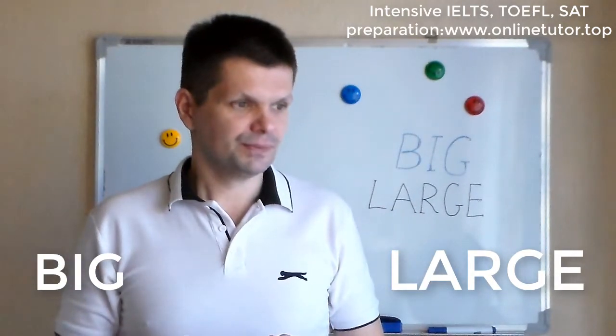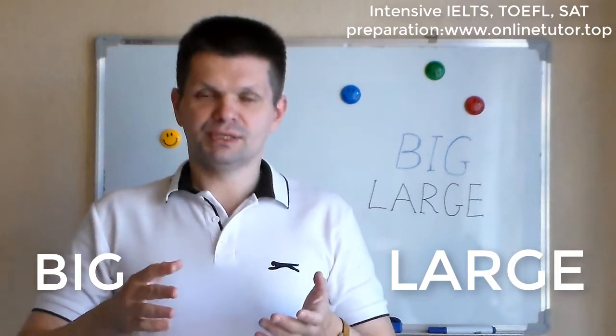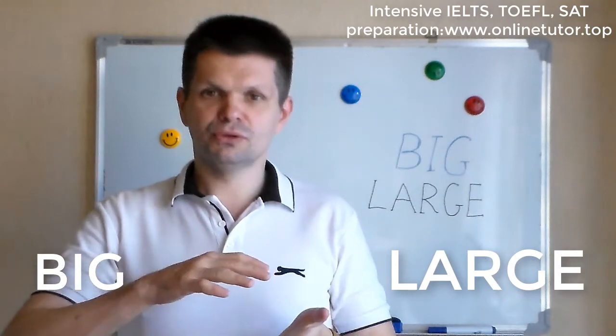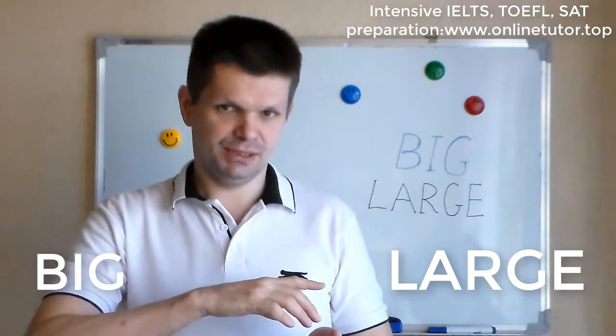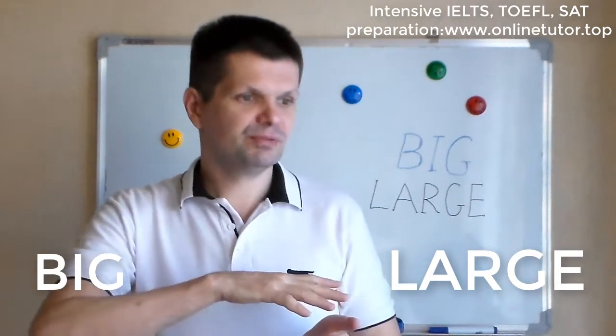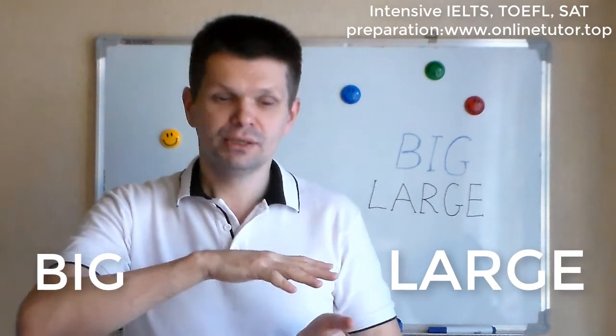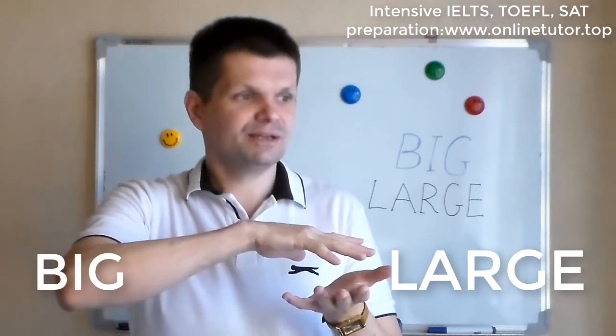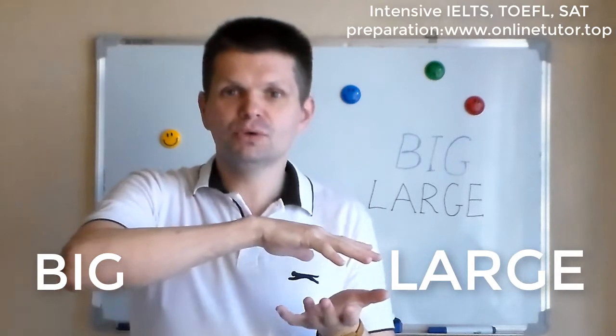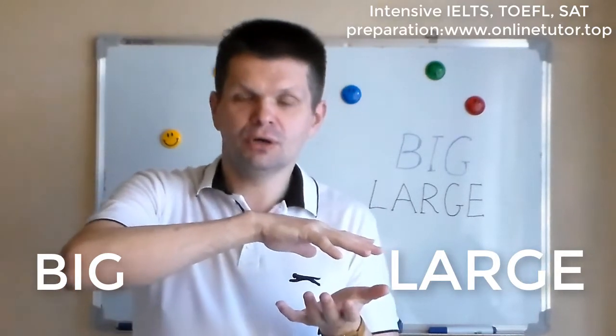So the second point. Let's try to remember, friends, that there is no such rigid rule. I only say that some people prefer this. A lot of people prefer to use large when we speak about the dimensions of some flat area, or the inner dimensions of some object.